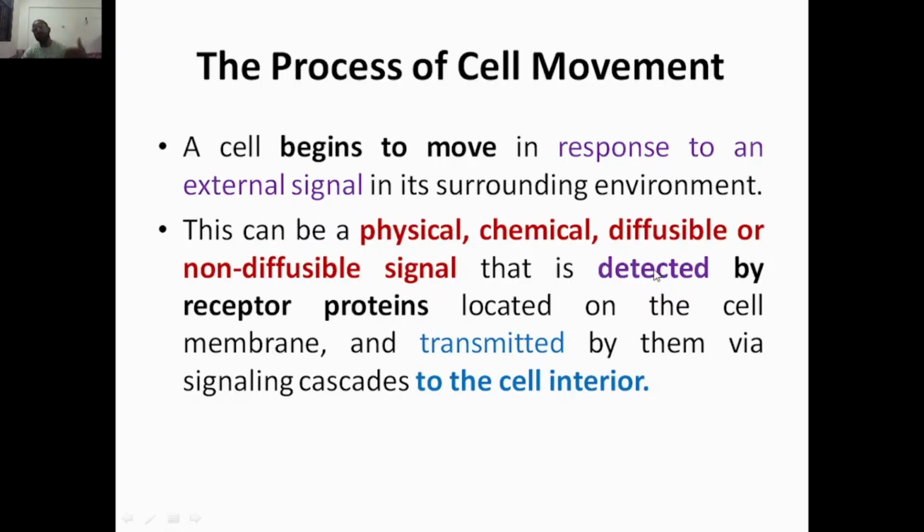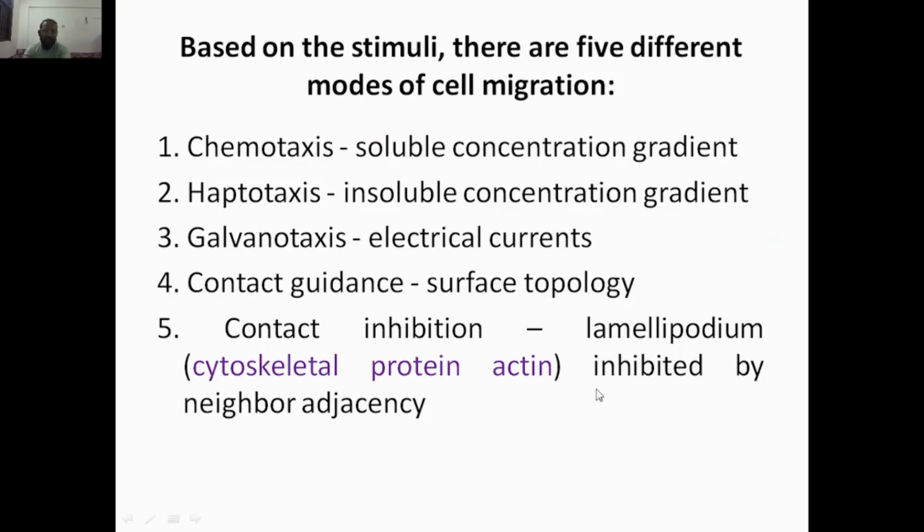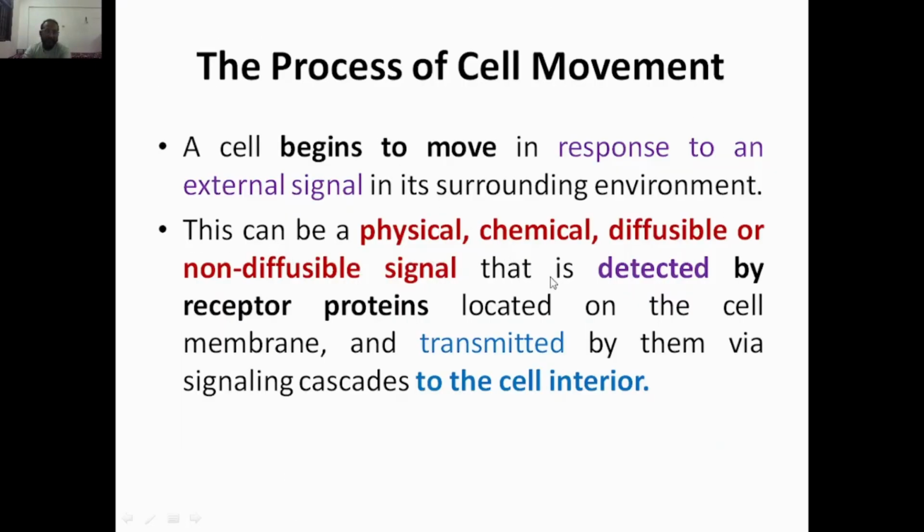Next, continue explaining the process of cell movement, how the cell begins to move in response to external stimuli from its surrounding environment. Here we discussed the 5 external stimuli. These can be physical or chemical, diffusible or non-diffusible signals that are detected by the receptor proteins located on the cell membrane and transmitted by them via signaling cascades to the cell interior.